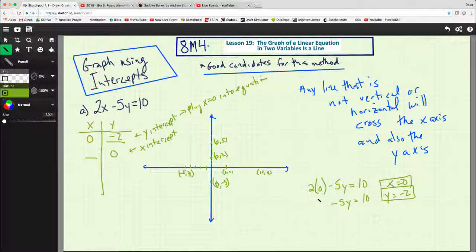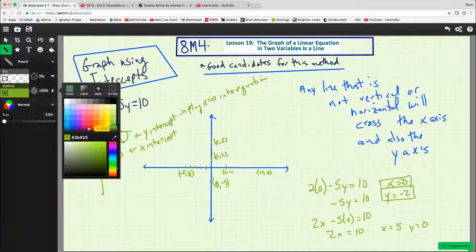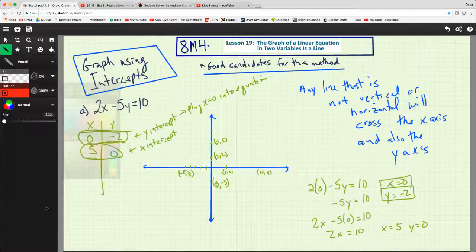Likewise, to find my x-intercept, I put a 0 in for y. So 2x minus 5 times 0 equals 10. So 2x equals 10, so x equals 5 when y equals 0. So I have my y-intercept of 0, -2, and my x-intercept of 5, 0. So let's plot that in, say, red. So here we go. Here's 5, 0.